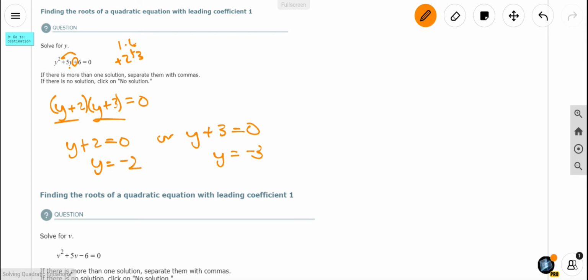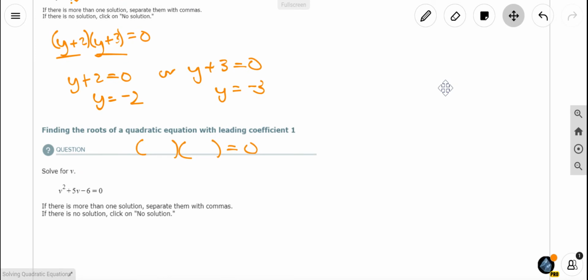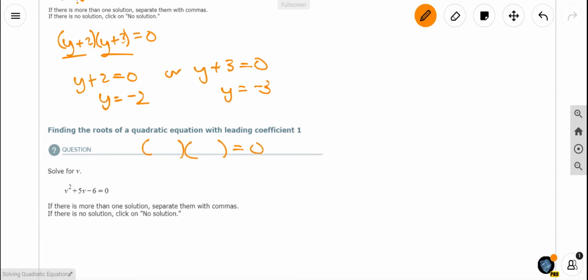Take a look at this one. This one has a negative 6, so this is the opposite. We're going to factor it and put v and v. Then look, 1 times 6, 2 times 3 equals 6. But to get a positive 5 and a negative 6 means the signs are different.